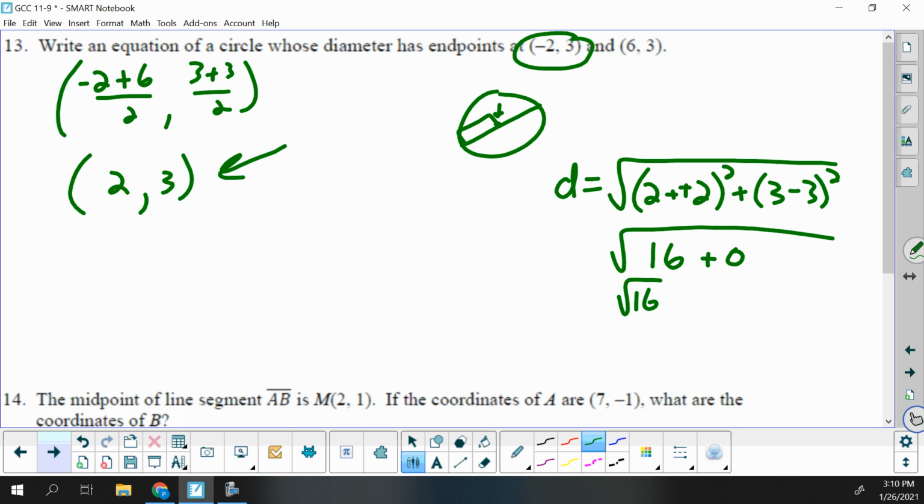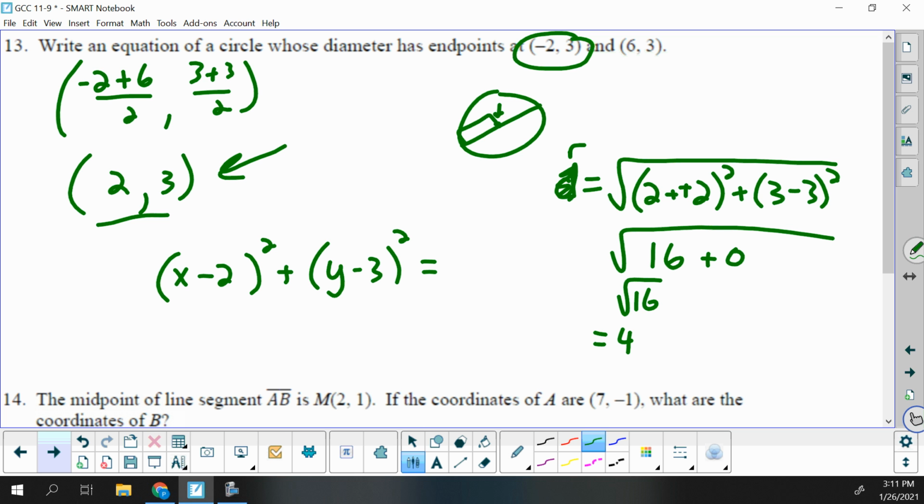And if you try square root of 16 in your calculator, that works out nice as 4. Now this d, I was really doing d, the distance between them, but it's actually our r, which is the radius. So we've got our center and our radius, so we can write the equation of our circle now. We'll do x part squared plus y part squared equals the radius squared. So the x part will have x minus 2, because it's always the opposite sign, y minus 3. And then when we square the radius, we'll just get 16.